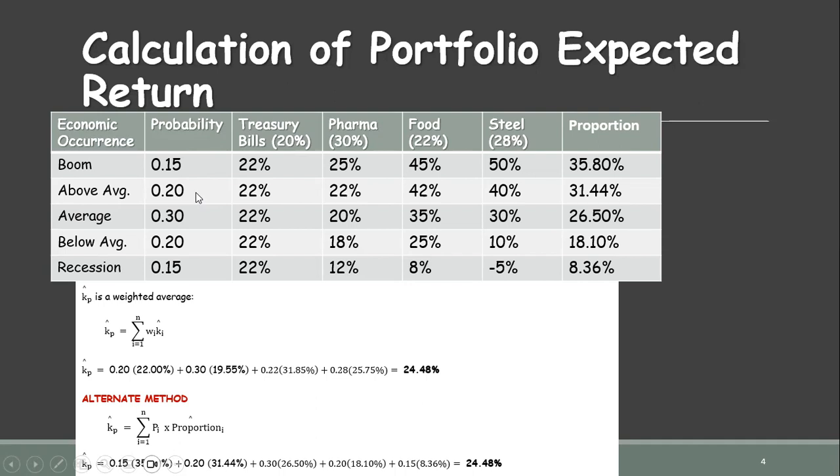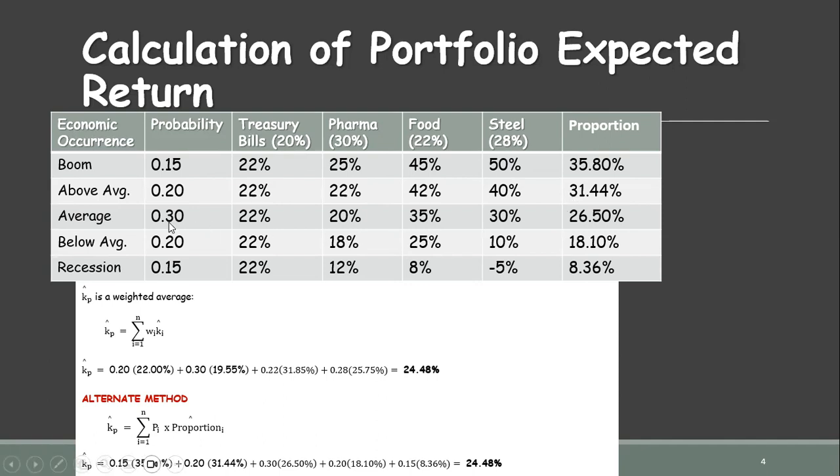For above average, the probability is 20% and its proportional rate is calculated as 22% multiplied by 20%, 22% multiplied by 30%, 42% multiplied by 22%, and 40% multiplied by 28%. The sum of all these comes to 31.44%.